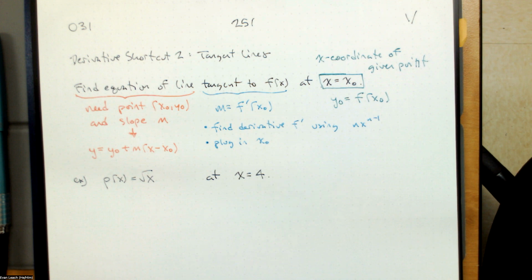In this problem, I wanted the slope of the line tangent to the curve square root of x at the point where x is equal to 4.